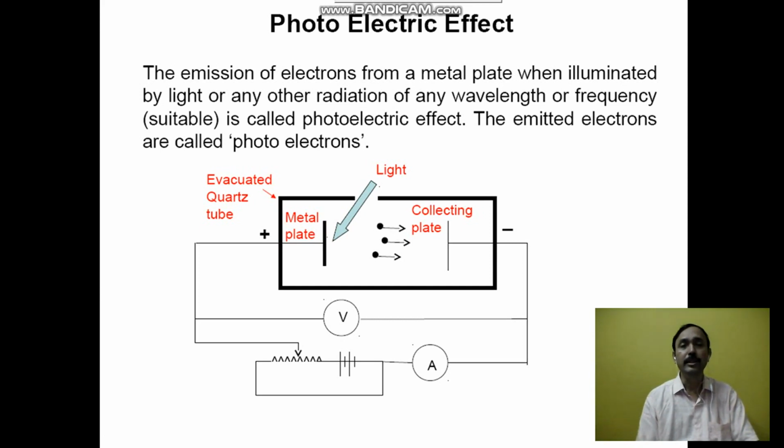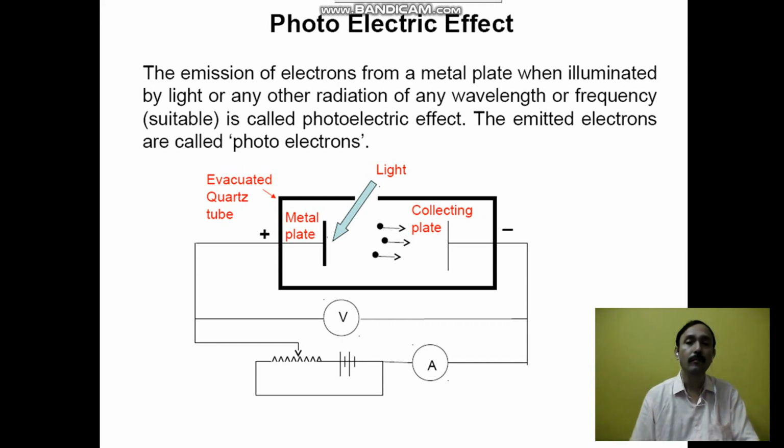So the emission of electrons from a metal plate when illuminated by light or any other radiation of suitable wavelength or frequency is called photoelectric effect, and emitted electrons are called photoelectrons.